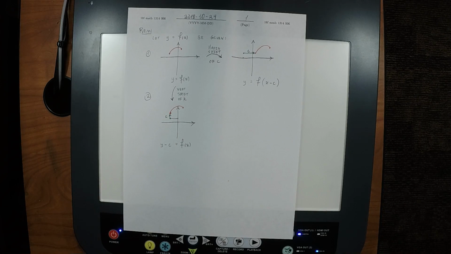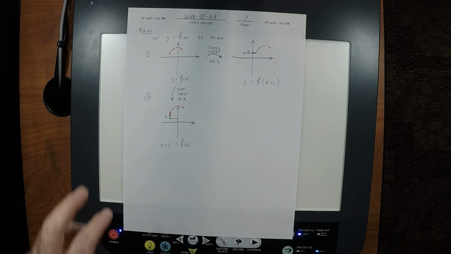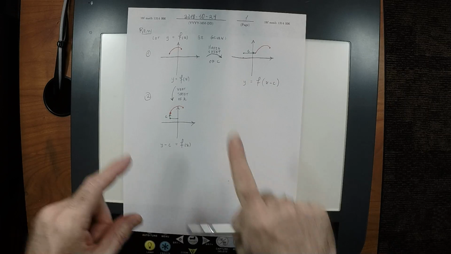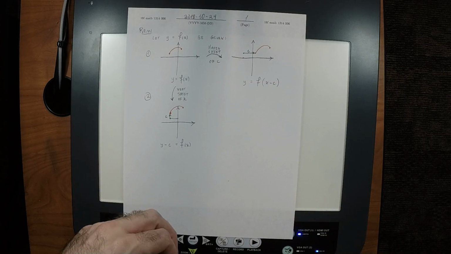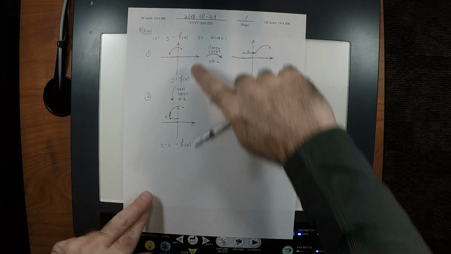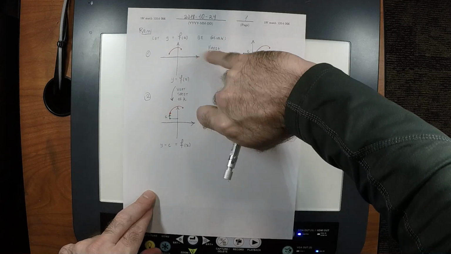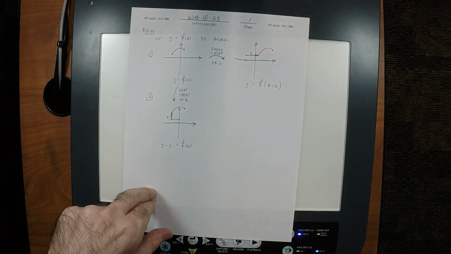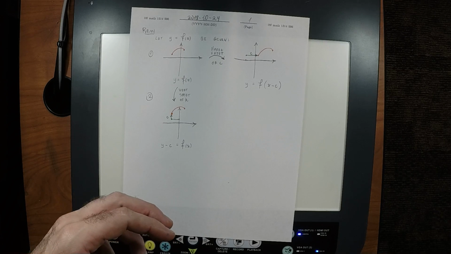Y minus c. So again, with the subtraction, I expected it to be an add, because after all, the thing went up, right? So I thought it would be an add. Well, in the motion from that one to that one, something really did move downward. What moved downward? The axes moved downward, right?